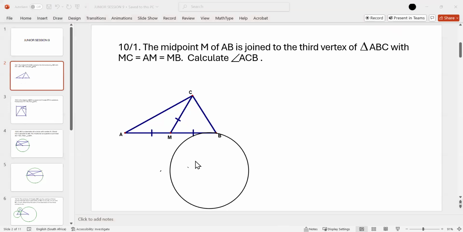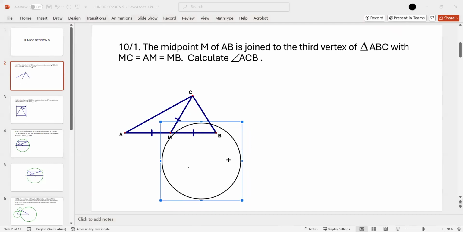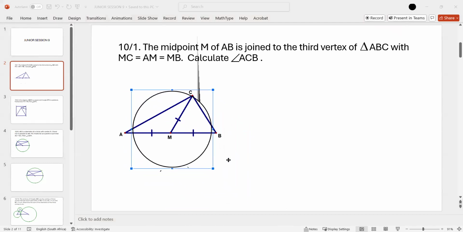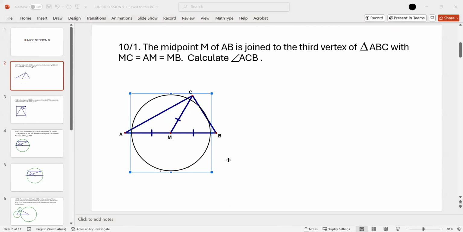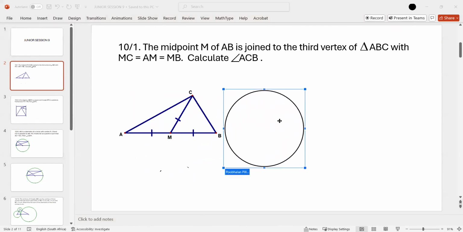Yeah, it's this one. So we could select this thing. But I just want to move this and see whether it fits in. But no, it's not big enough. Okay, I need to make it a little bit bigger. I don't know where the center is.